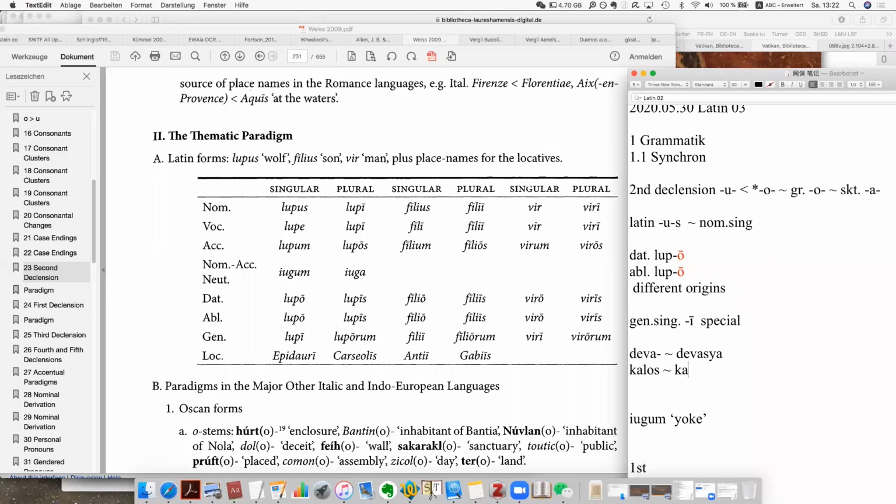Probably this example. It's called kalos, right? But in Homeric Greek, you have this form. Yeah, and so on. This is Homeric Greek. This is in Homer.